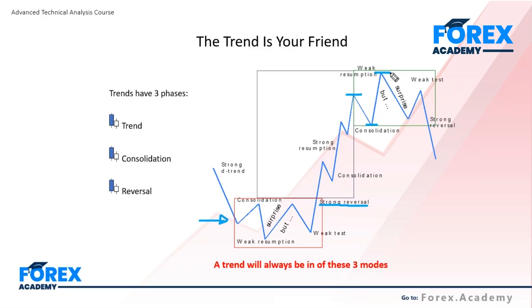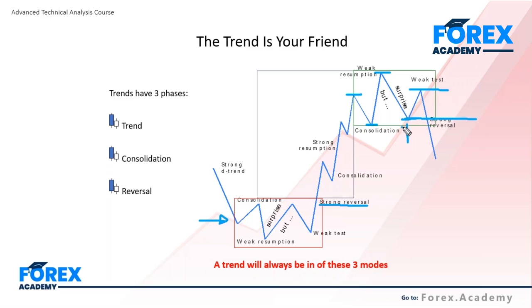We've gone from seeing a sideways move, to a strong directional move, to once again a sideways move, which then ultimately results in a reversal of the uptrend following the break of this low.